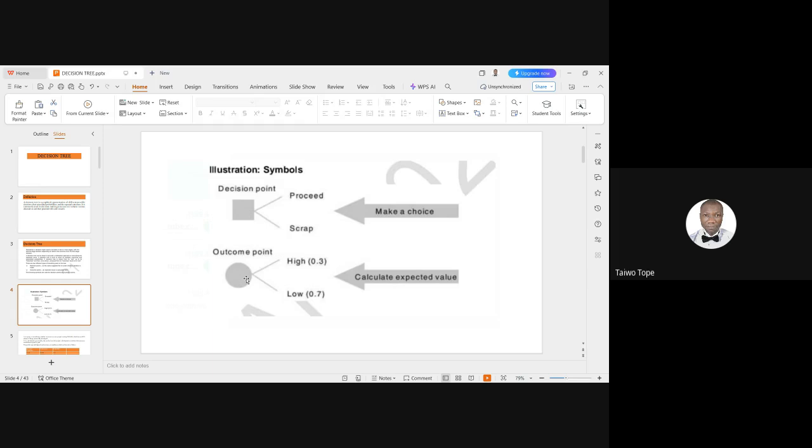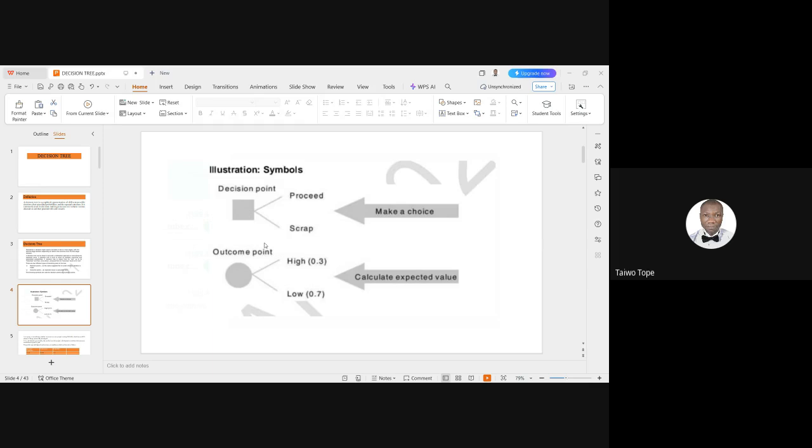So when we talk about decision tree, you want to make a decision either to go to Lagos or to go to Kano. What will determine your decision if you are to go to Lagos or to Kano will be what? Will be the benefit associated with each of these two locations.